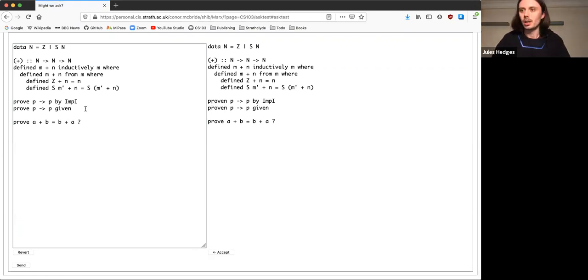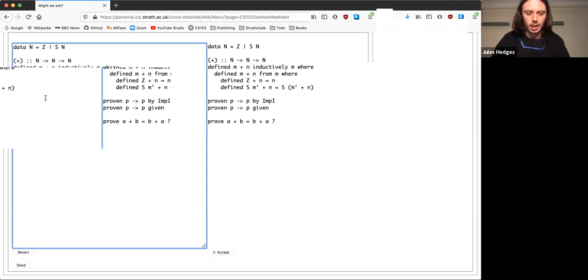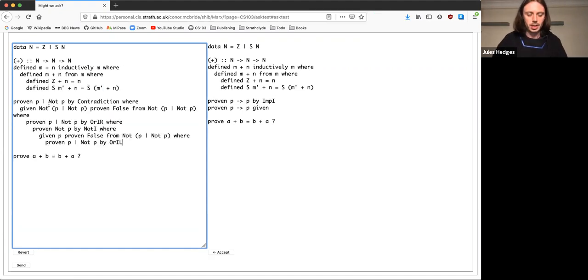Okay, now that's a very basic example. I'll show you something more interesting that you can do with this. Here is the proof from week 2 exploration 2 of P or not P using by contradiction.